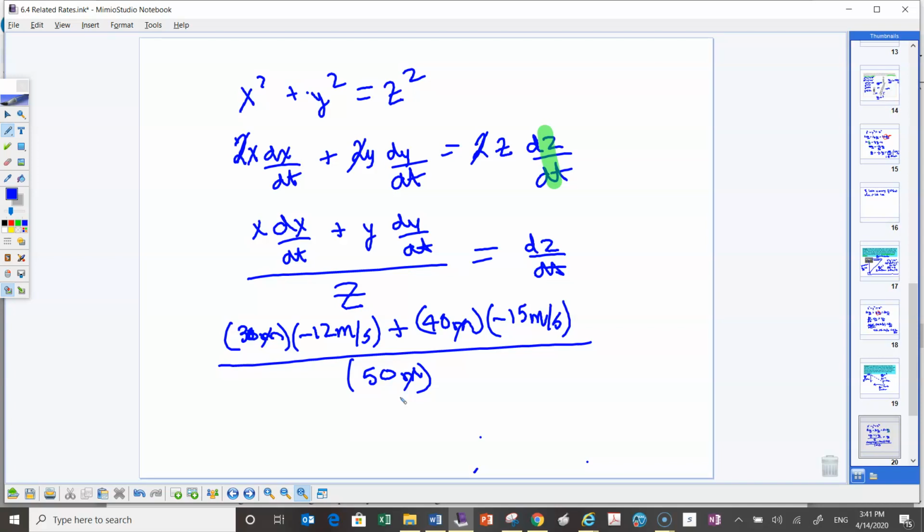So 30 times 12 is negative 360, plus 40 times 15, and then we divide all that by 50. This works out to be negative 19.2 meters per second, which is equal to dz/dt.